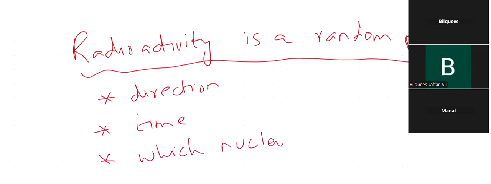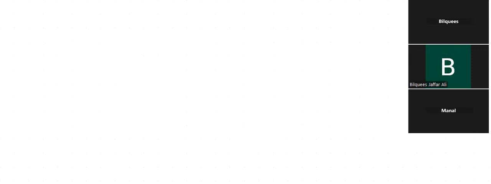I don't know what this means. Radioactive is a random process in terms of direction, in terms of time, in terms of which nucleus is decaying at which time. What does it mean? First of all, when we say that this atom is radioactive, what do you mean by this?